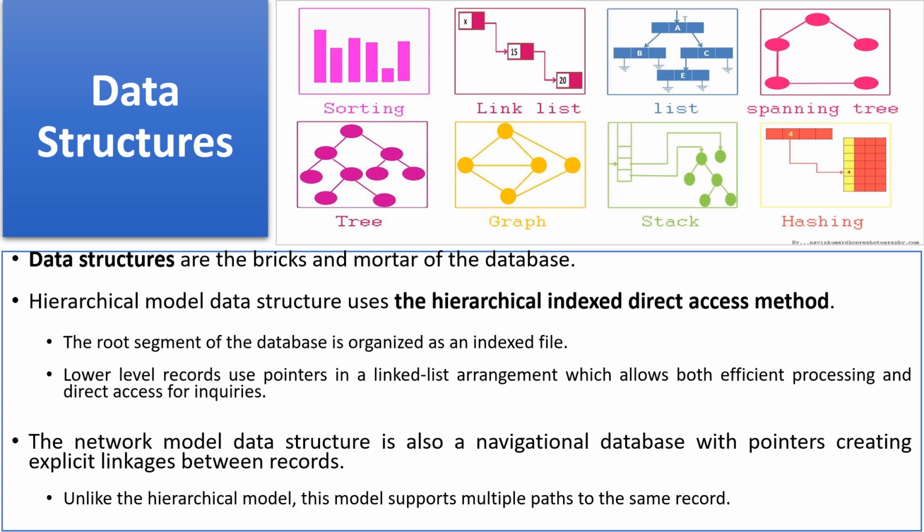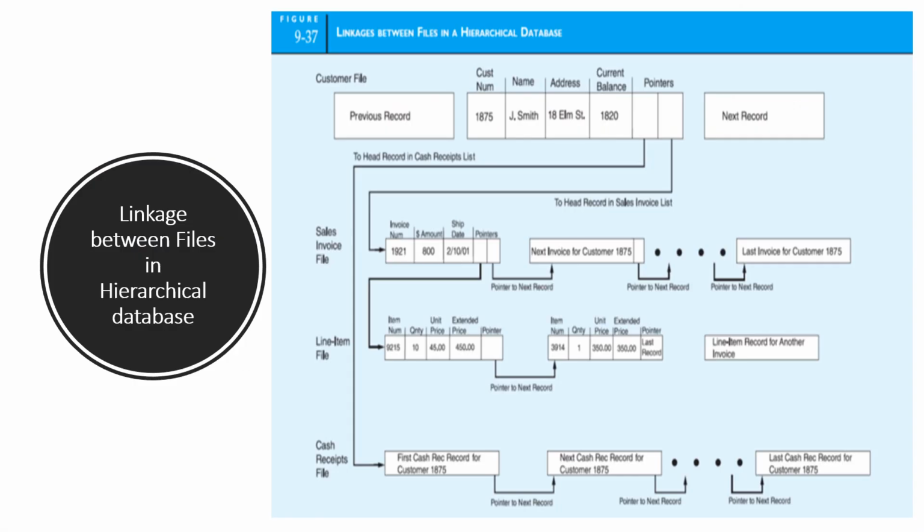The network model data structure is also a navigational database with pointers, creating explicit linkage between records. Lastly, talking about linkage between files, we explained this in detail before, showing how it is connected by foreign keys and so on, but here we explain it based on the database modeling approach.